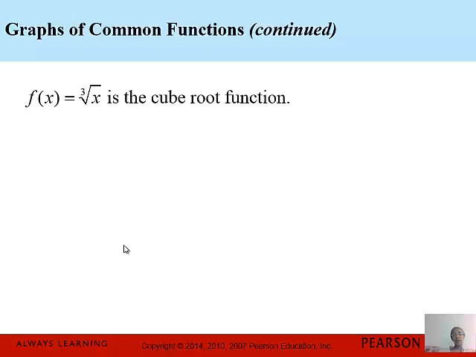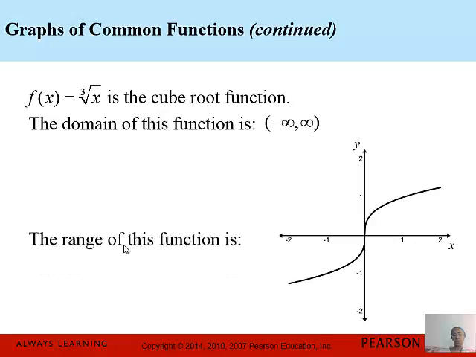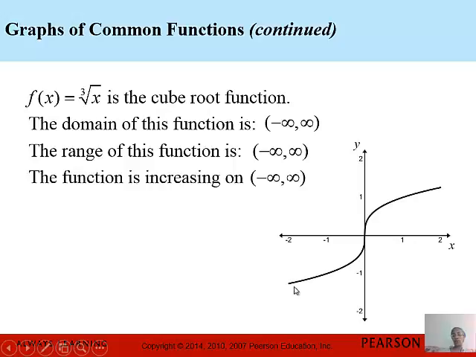Now let's look at the cube root function. So this function has a domain of all real numbers, a range of all real numbers, and the function is increasing for all real numbers.